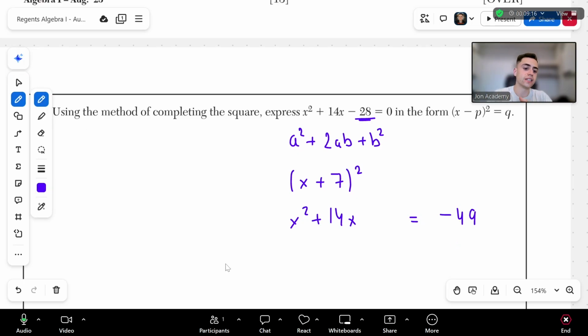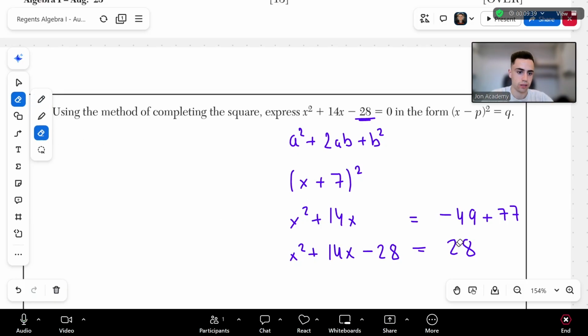So once here, what we need to do is add 77 here, because minus 49 plus 77 is 28, and whenever we bring this to the other side, it's going to be minus 28. So x squared plus 14x equals that, and what we need here is the 77.